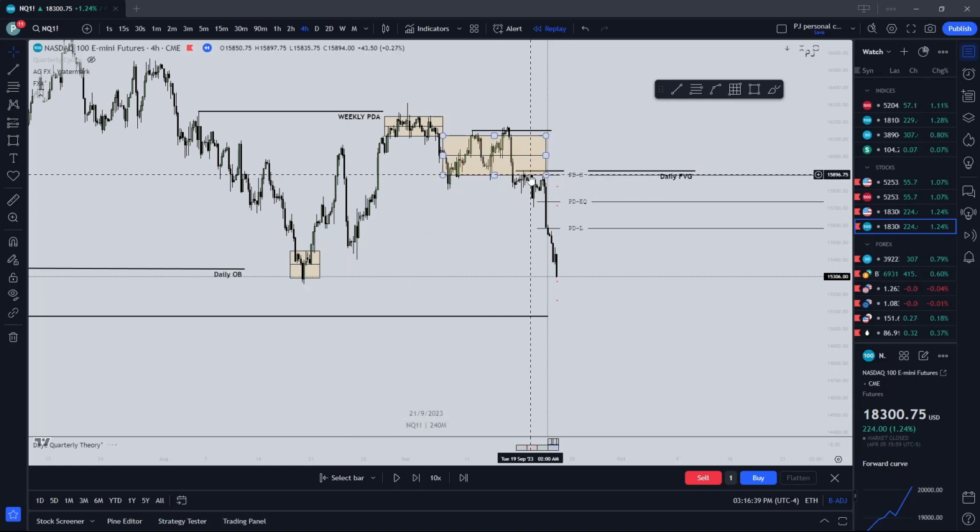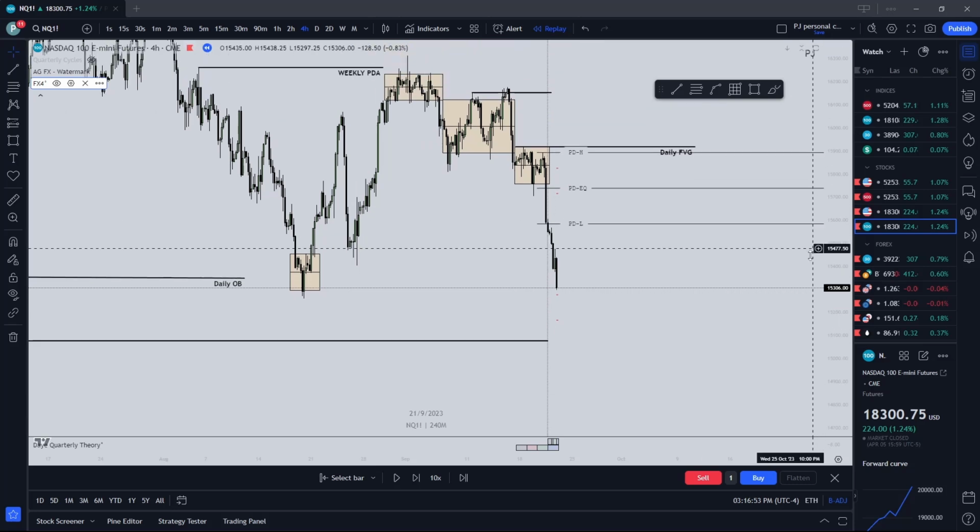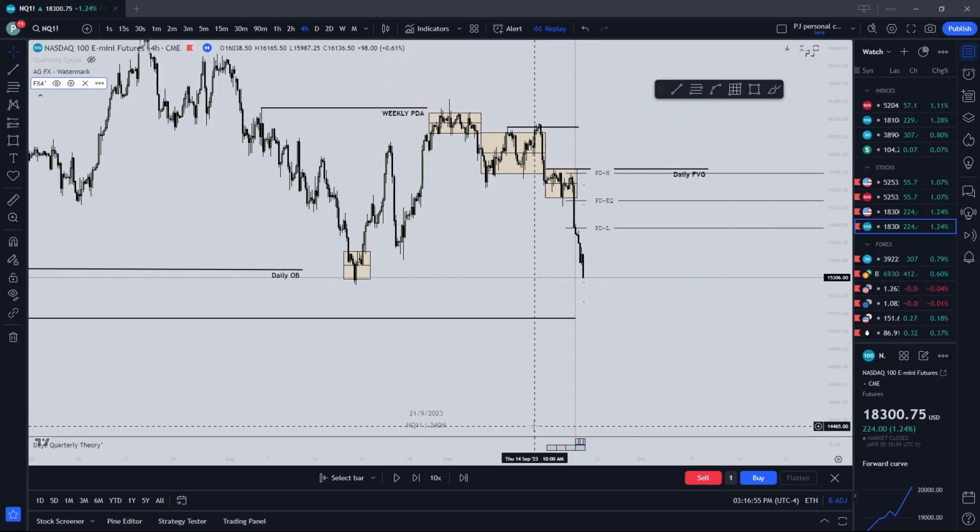And we see we have formed another accumulation range. Maybe SMT at the highs, and you can see how we responded to this order block, right? And maybe SMT into the fair value gap for a Model 2.